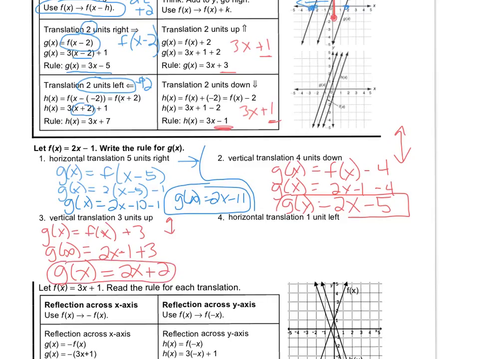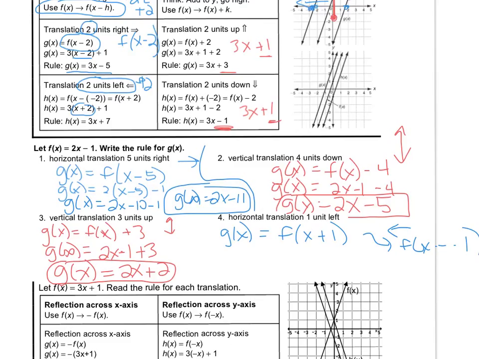Okay. And let's look at horizontal. So horizontal translation. I have to plug in place of the x. So I'm going to start like this. g of x equals f of, now I'm going 1 to the left. I'm going to go 1 to the left, so I'm going to do the opposite sign. So the left would be a negative, but I'm going to have to add 1 instead of subtracting 1. And really what we're doing, if we come over here to the side, we're really doing f of x minus negative 1.